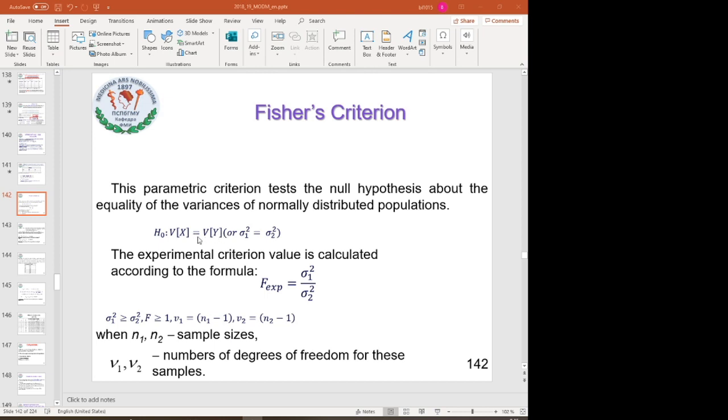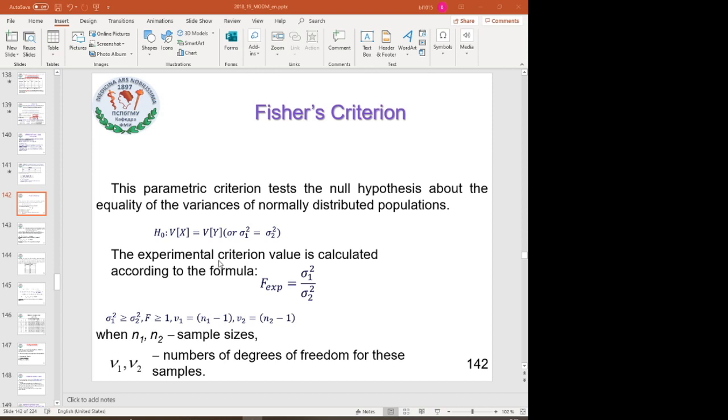We shouldn't understand this equality as arithmetical strict equality. We should understand it as not having a statistically significant difference between two variances. We can denote it as Vx or sigma squared of x.